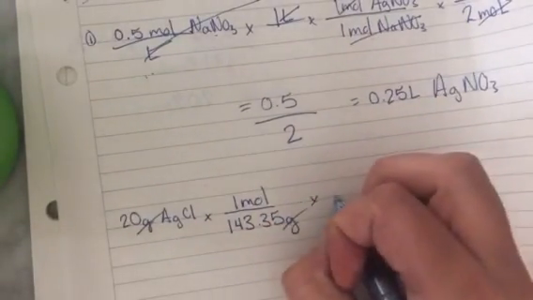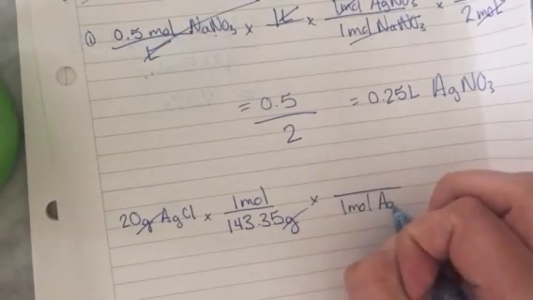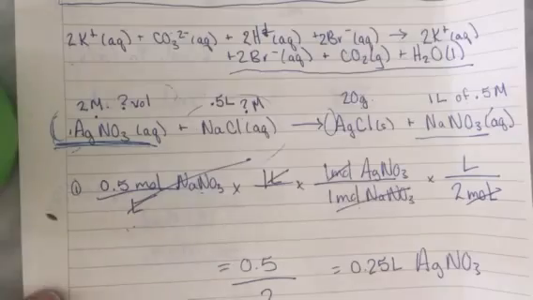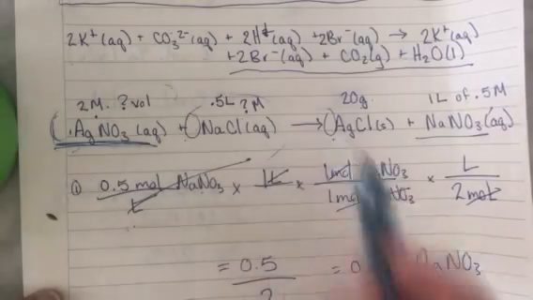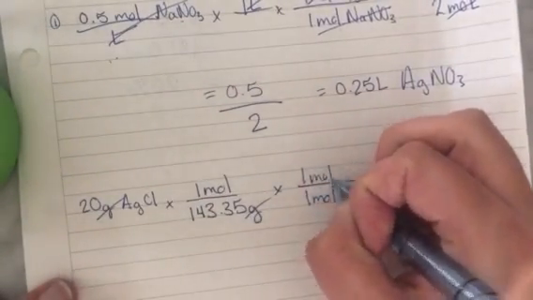And then for every 1 mole of silver chloride, I have 1 mole of sodium chloride. Okay, a 1-to-1 mole relationship, which again makes this very easy.